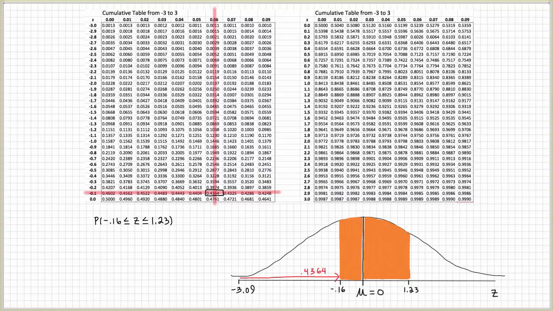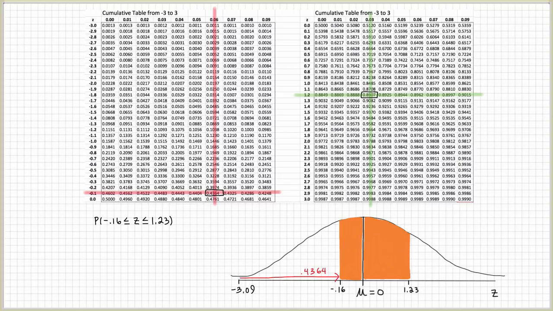Okay, now let's look for the z-score of 1.23 on the table. So that's $1.23. So think of $1.20. Let's look at $1.20. Where's $1.20 on our column here? And there it is. And 3 cents. Let's look for 3 cents. There it is.